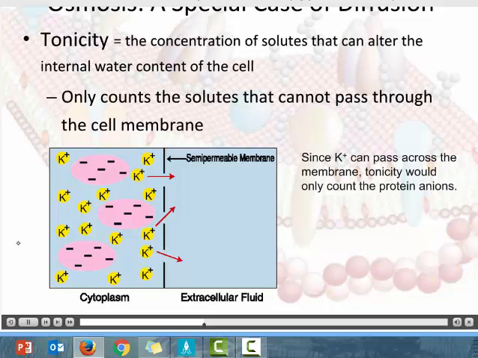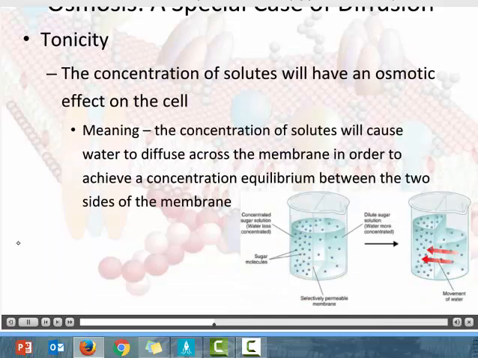Tonicity, on the other hand, is going to refer to the solutes that have the ability to change the shape or the tone of the cells by altering the internal water volume of a cell. So tonicity is going to have an osmotic effect on a cell. When we talk about tonicity, we are talking about solutes that are not capable of moving across the membrane.